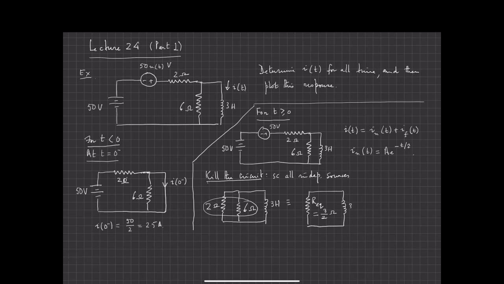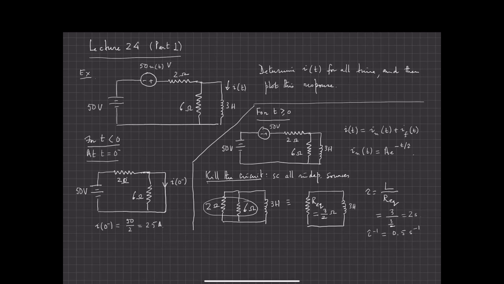which is 3 Henries, and I know that tau is equal to L over R equivalent, and so this is equal to 3 over 3 over 2, and so tau equals 2 seconds, and tau inverse equals 0.5 second inverse.